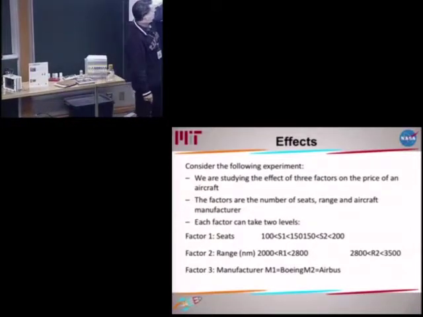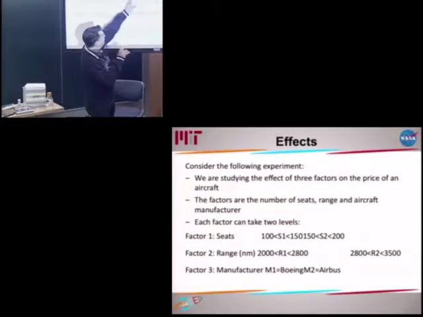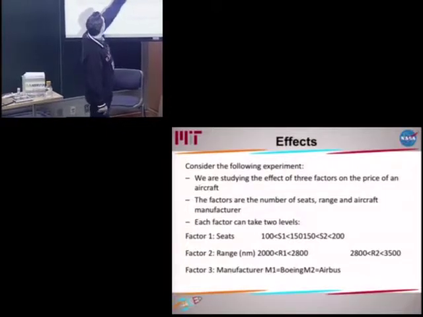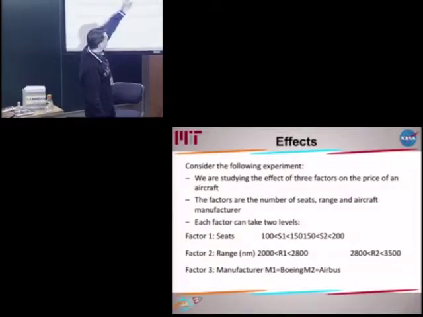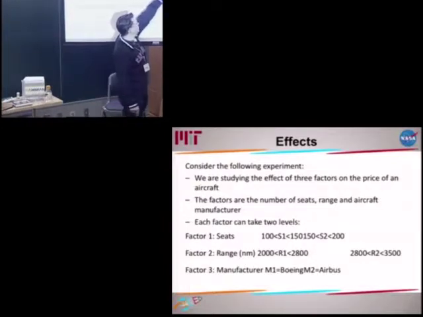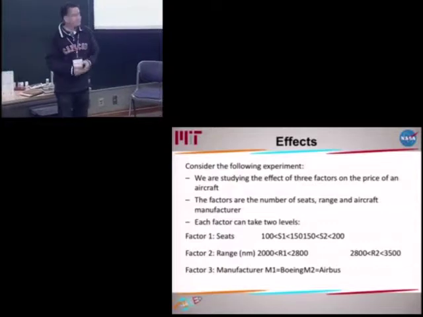And this got a little messed up here, but let's say that we're binning now, right? So factor 1 is S, number of seats. Airplane size between 100 and 150, that's factor S at level 1. And then between 150 and 200, that's S2. The range, how far can you fly?